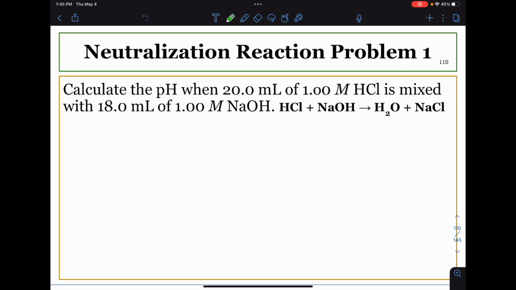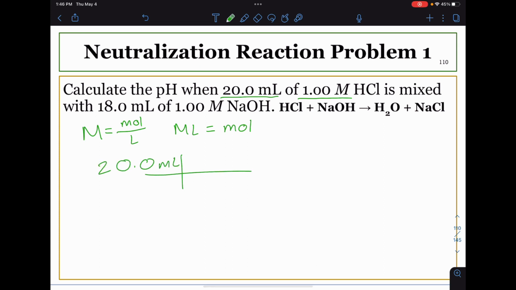We can find moles by using the volume and the molarity of each of the solutions. The molarity equation is moles over liters. So if we multiply molarity times liters, we can get moles. So we have 20 milliliters and a 1 molarity for HCl. Let's turn our volumes, milliliters, into liters.